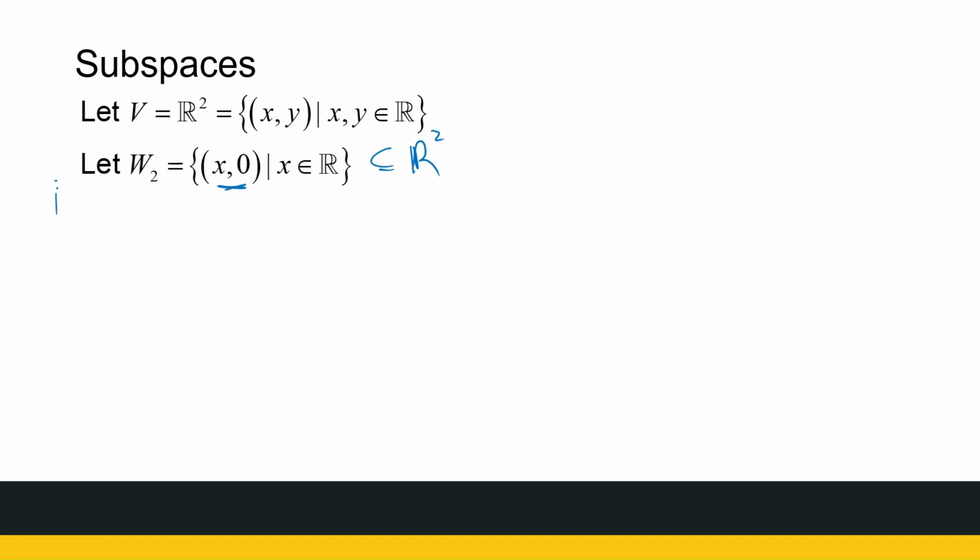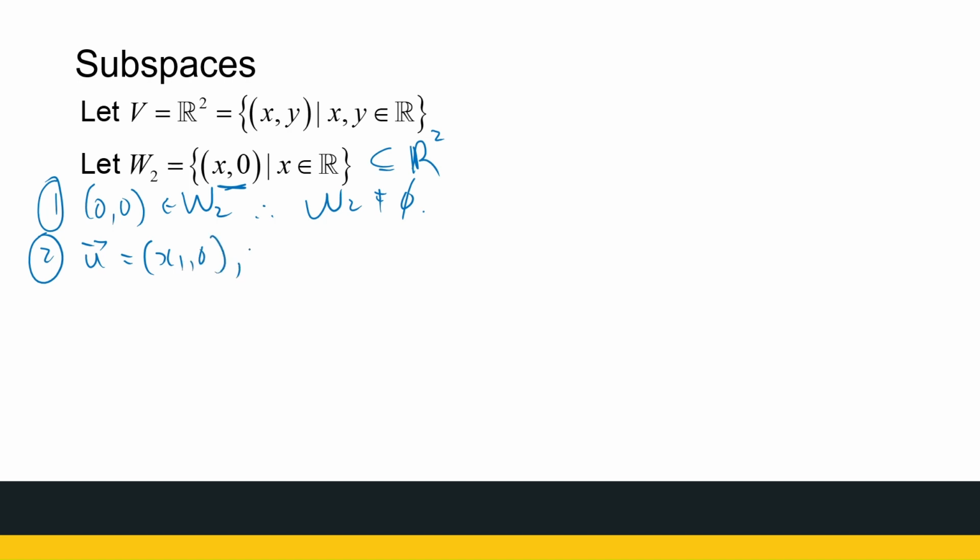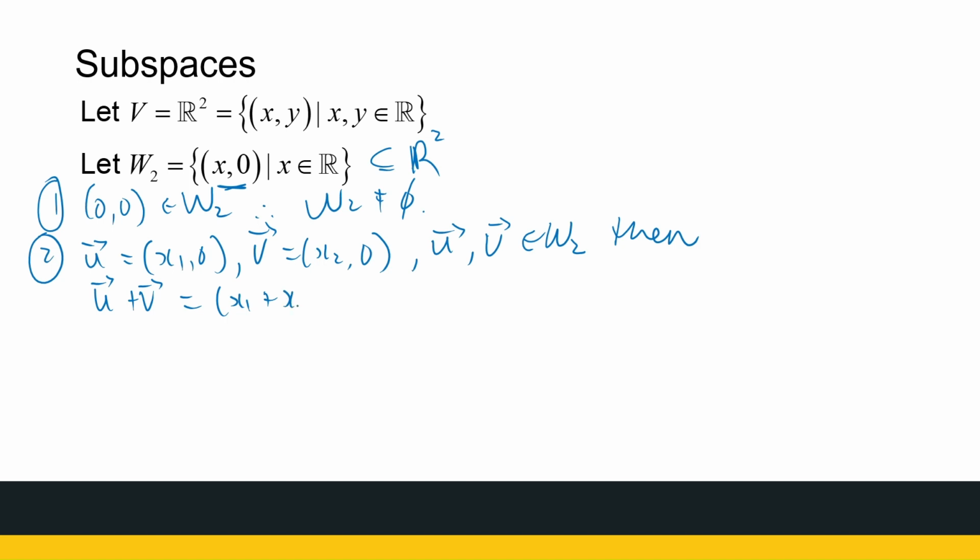So firstly, (0, 0) is in W2. So W2 is non-empty. Secondly, if u equal to (x1, 0) and v equal to (x2, 0) are elements of W2, then what happens if I add them? u plus v is equal to (x1 plus x2, 0 plus 0), which gives me 0 in the second coordinate.